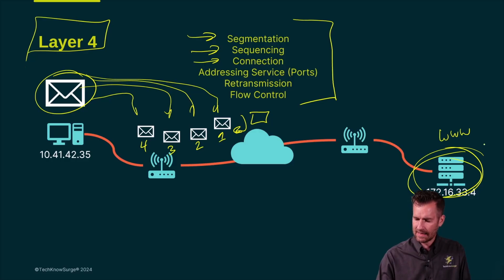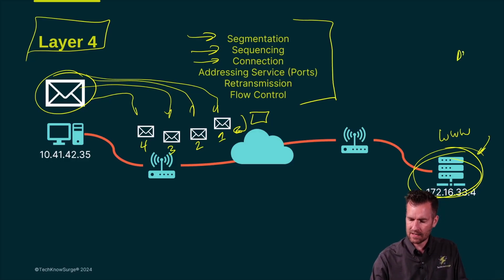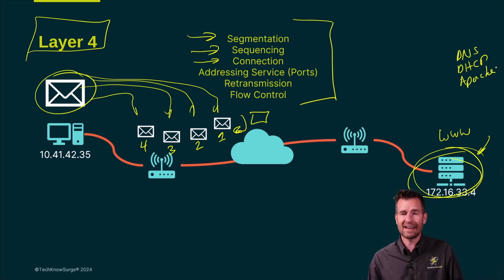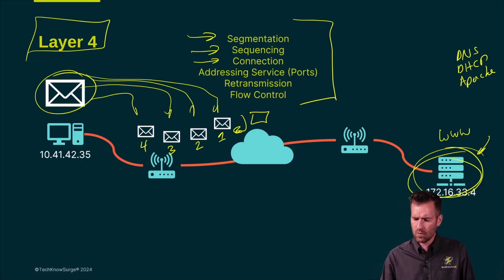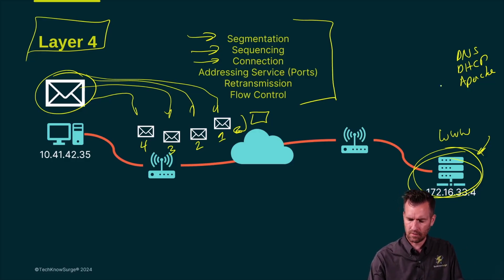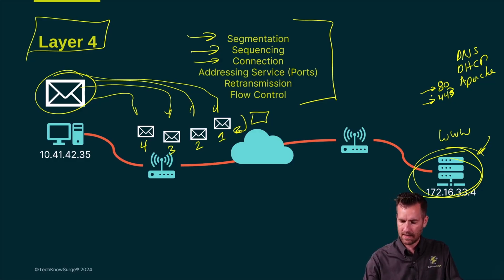Another thing is that this server could have DNS running on it. It could have DHCP running on it. It could have our web server, so maybe it's got Apache running on it. It actually could have a lot of different services on it. So how do we address a specific server or service? That's where the ports come into play. It's port 80 if it's HTTP, and it's port 443 if it's HTTPS.